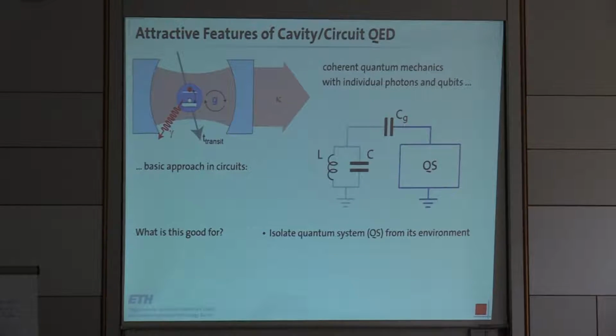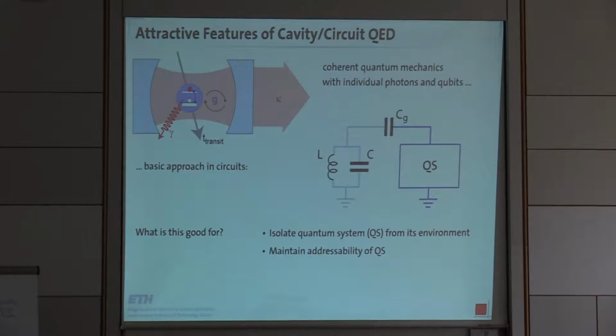You can tune their energy, and you can tune in and out of resonance with the superconducting cavity. For example, when you take this two-level system and you detune it from the cavity resonance frequency, you can essentially isolate this qubit from the vacuum fluctuations in its electromagnetic environment, and that allows you to increase the radiative lifetimes of these quantum systems. Obviously, that is assuming that they don't couple strongly to something else that you don't control.